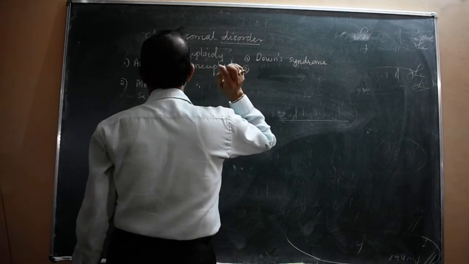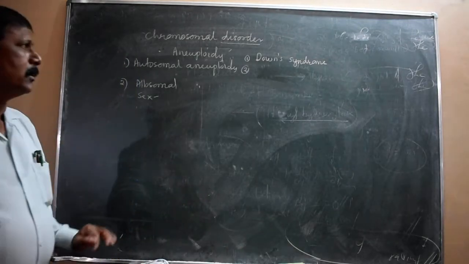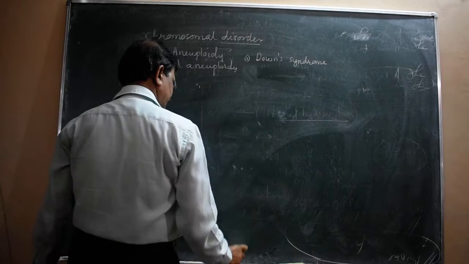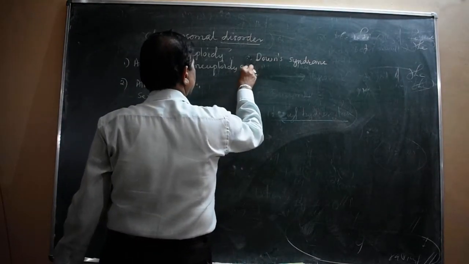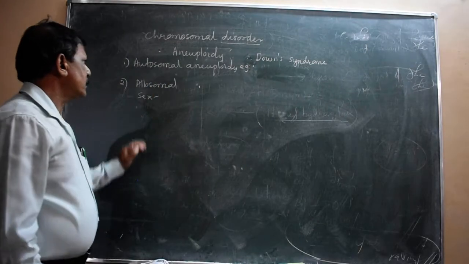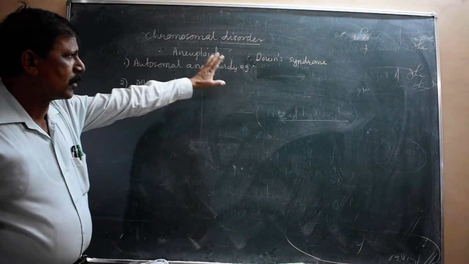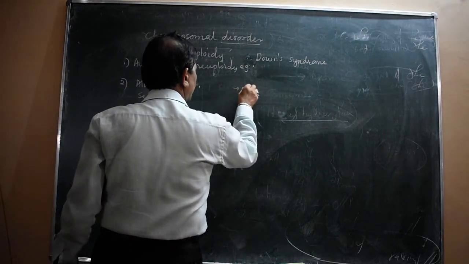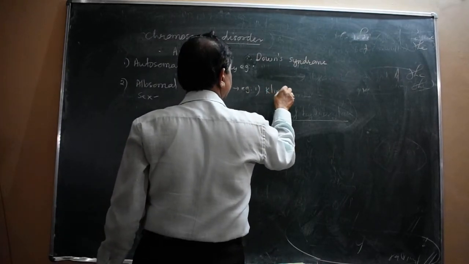For allosomal disorder there are two examples. The first one is Klinefelter syndrome.